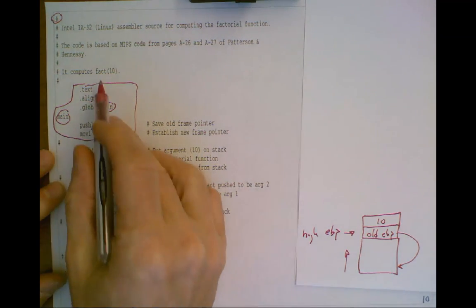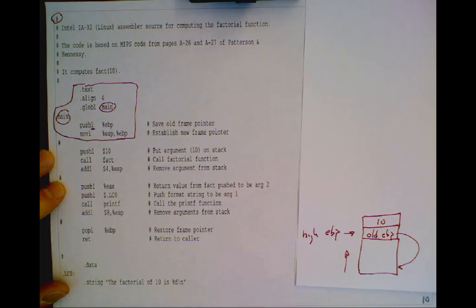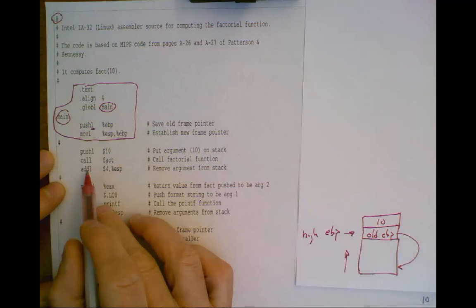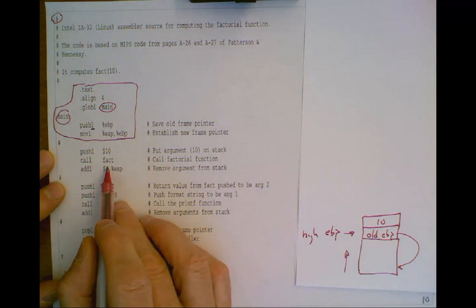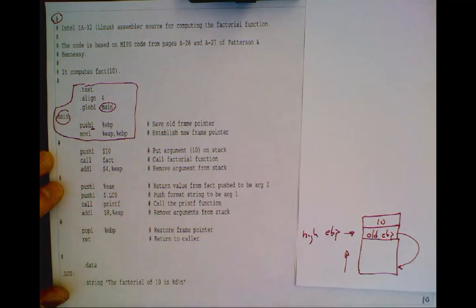That's the argument, because that function, in fact, the comment tells us it's computing factorial of 10. That 10 is just hard-coded into the program as a constant. Next thing is you see a call instruction. Call the function at address fact, where the label is called fact.